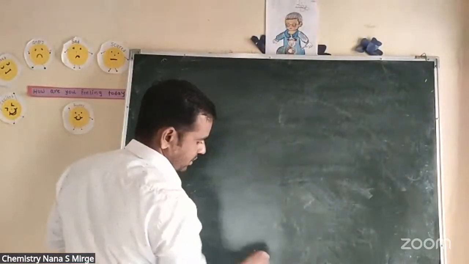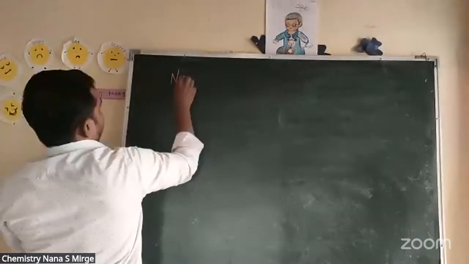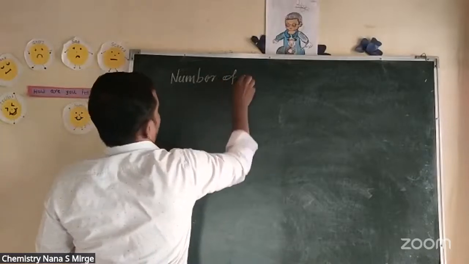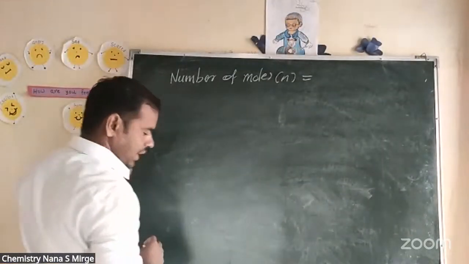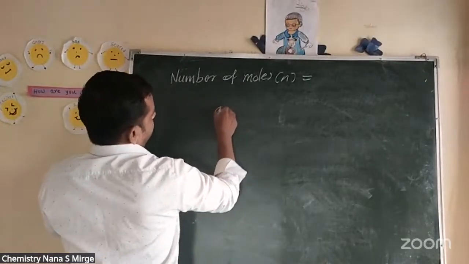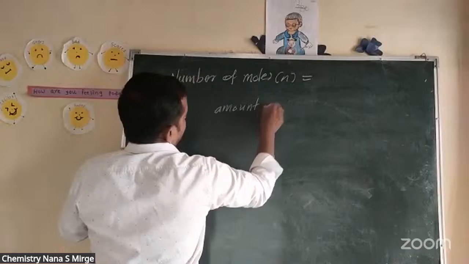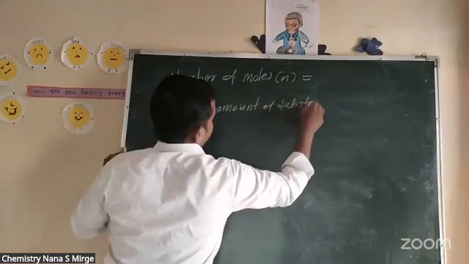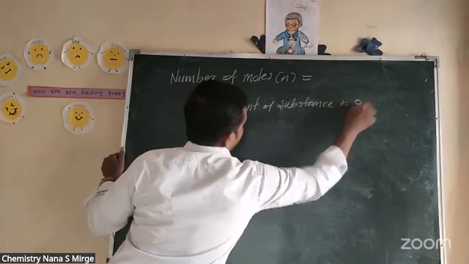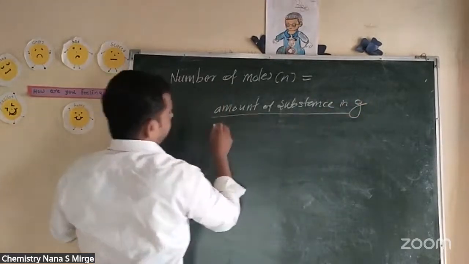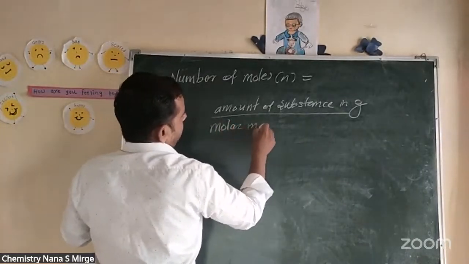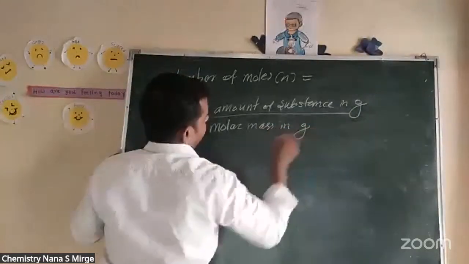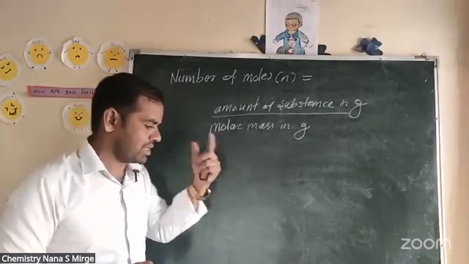Number of moles, n, is equal to the amount of substance in gram divided by the molar mass in gram.